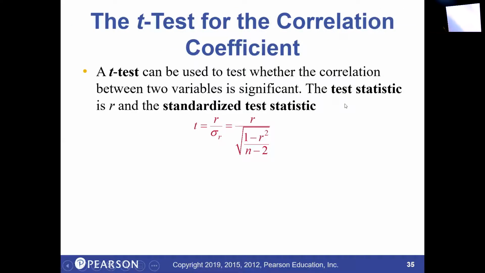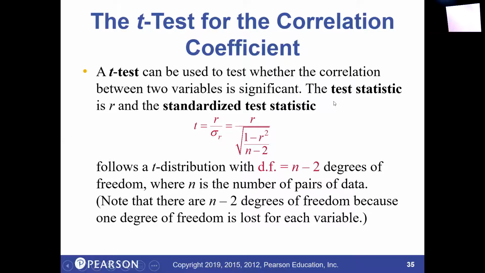So we'll use the t-test. We'll use this formula in order to find the t-value. Now the only 2 variables in here are n and r. N will be given to you in the problem. R is the correlation coefficient that will come from the calculator. Now we have to be very careful here.